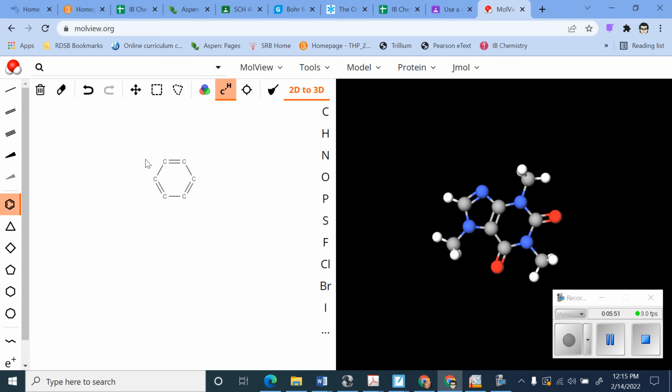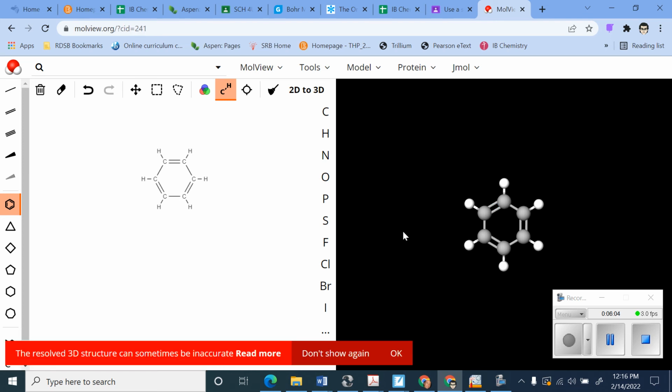A lot of organic compounds just don't show the hydrogens, but here we'll view the hydrogens. One of the things I wanted to emphasize is that benzene has this flat structure. When we do chapter 4, bonding, we're going to take a look at that bond angle, which will be important.